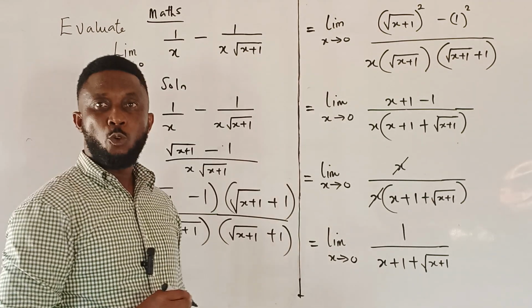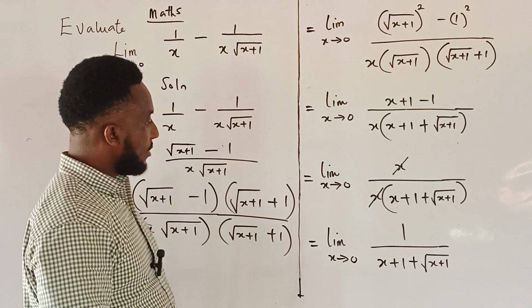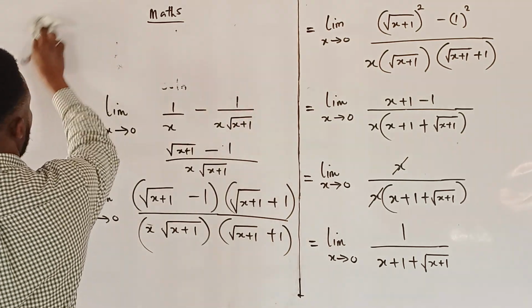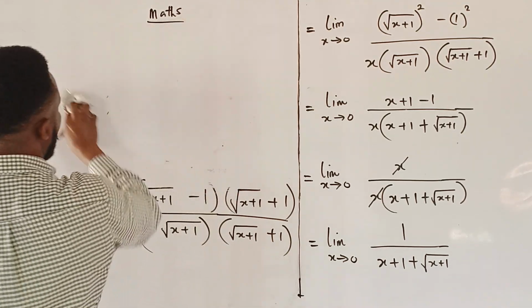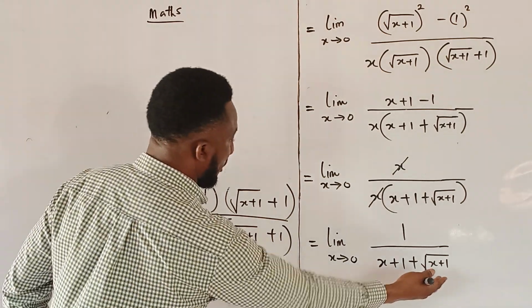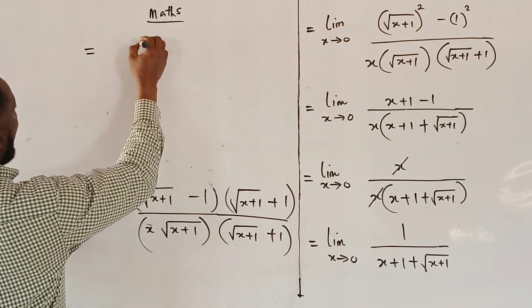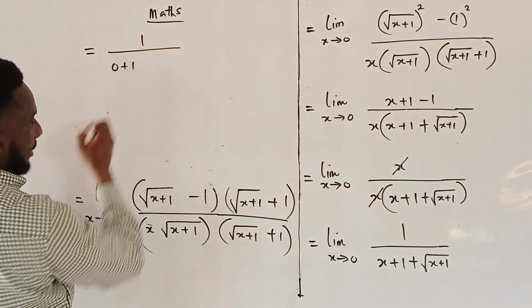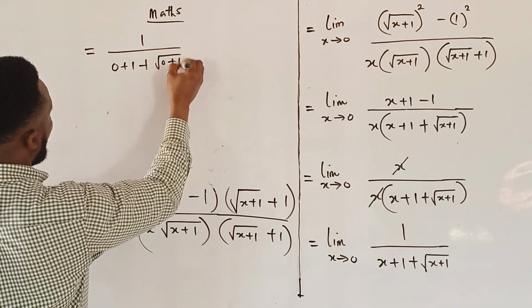So at this level, we can now plug in our limiting value and get our answer. So if we substitute s equal to 0 into this expression, that's going to give us 1 upon 0 plus 1 plus the square root of 0 plus 1.